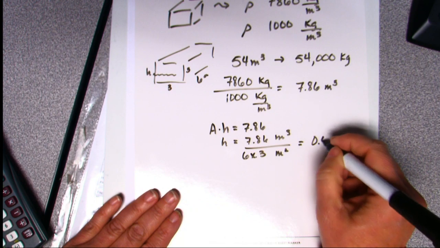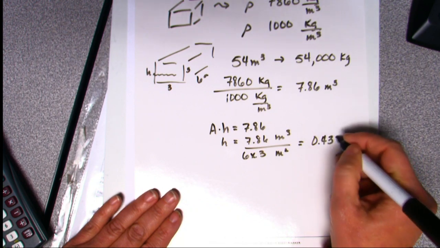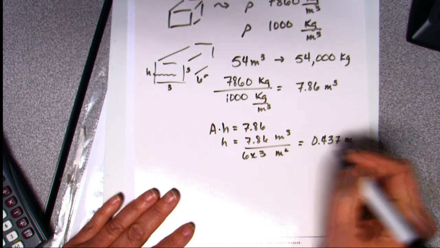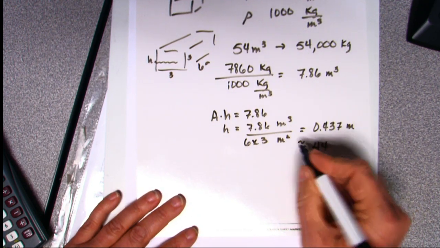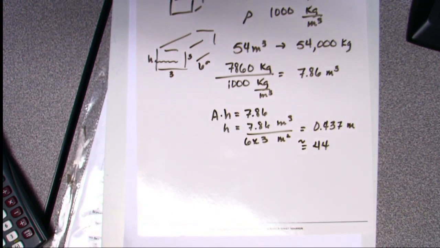This gives me 0.437 meters, or about 44 centimeters up the wall. So I'm going to have a lot of my shell above the surface of the water.